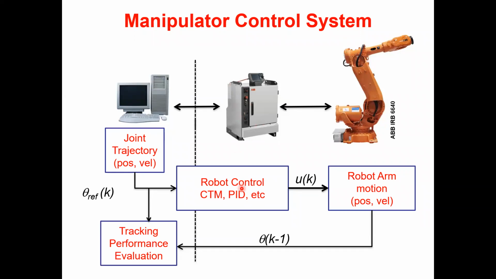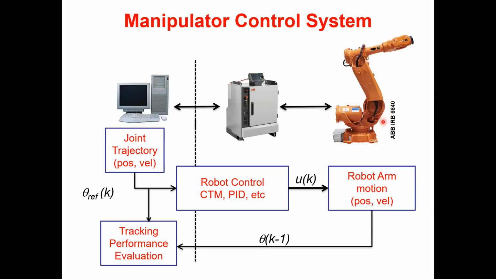And the controller runs various control algorithms. It can be PID, it can be computed torque control, it can be a fuzzy controller. There are various different controllers, whatever the controller may be. So there is a controller which will generate the u(k), the control signal, and it goes to the robot arm, joint by joint.